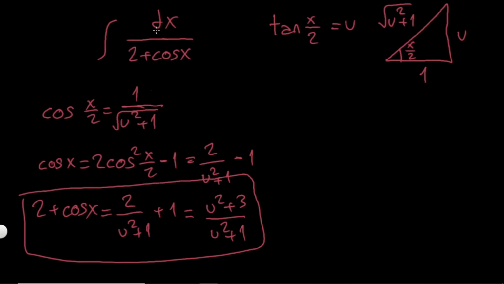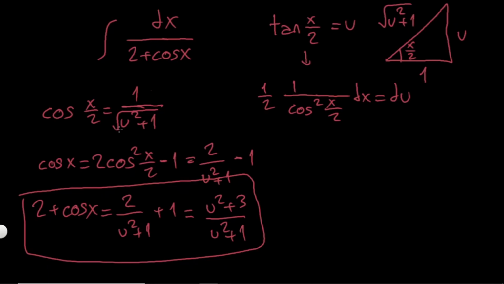So I also need dx. Let's differentiate both sides here. I know that the derivative of tangent is secant squared, which is 1 over cosine squared. And by the chain rule, I will also get 1 over 2. So it's going to be 1 over cosine squared x over 2 dx equal to du.